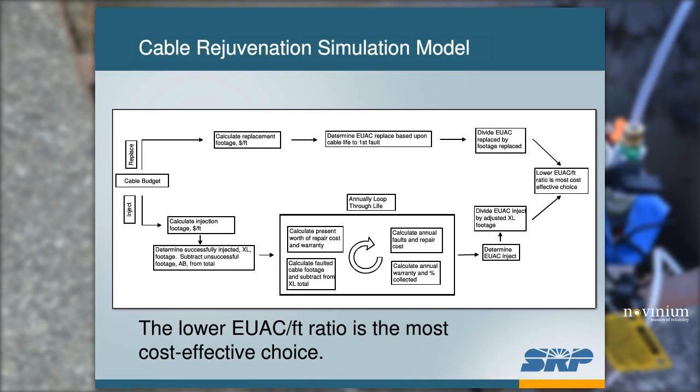For injected cable, a little bit more difficult. What we'll do is take our money and see how much cable we can inject. And then using some of our historic injection information, such as how much successful footage versus unsuccessful, cable that we've had to abandon, etc., we're going to subtract off so much of that initial footage.